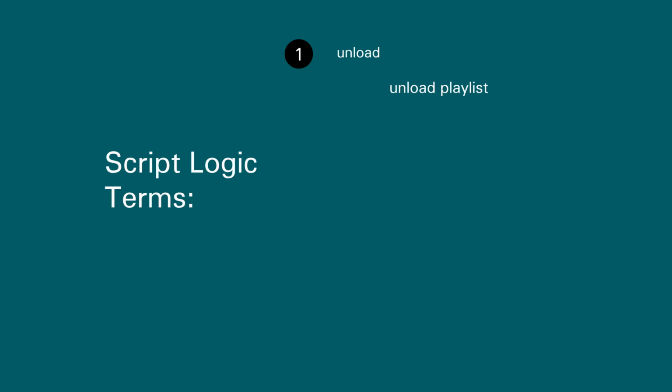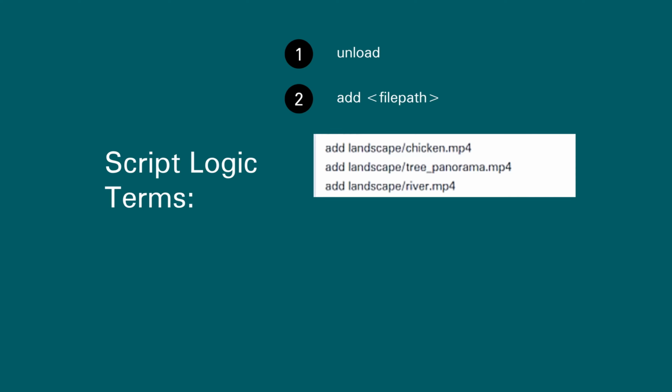Unload is used to unload any active playlist on ProVP, or also to stop a playback on ProVP. Add adds a media file, a folder or a CMA file, CMA being short for creative media arrangement, to the current playlist.